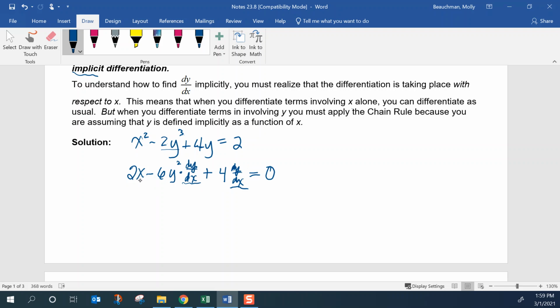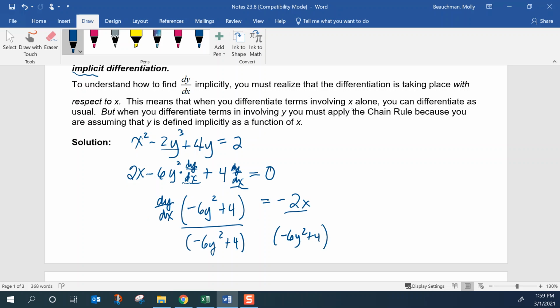To do that, take the 2x term to the other side, and we end up with negative 2x. Then factor a dy/dx out of the two terms that contain dy/dx. We're left with negative 6y squared plus 4. Then to solve for dy/dx, divide both sides by negative 6y squared plus 4.